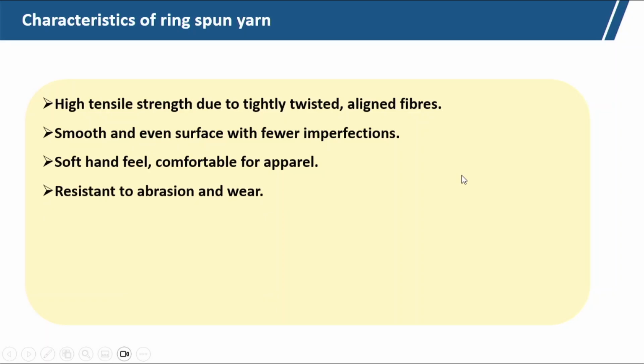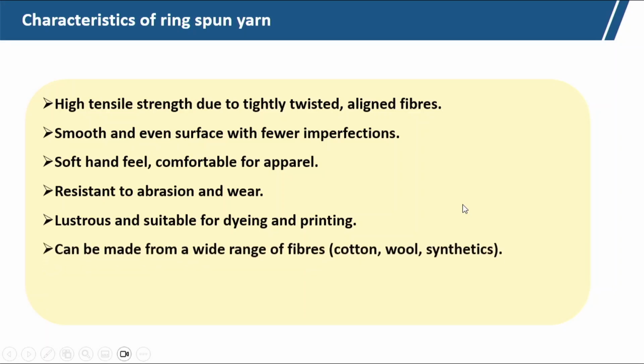It is resistant to abrasion and wear. It is lustrous and suitable for dyeing and printing. It can be made from a wide range of fibers. That is the beauty of ring spun yarn.